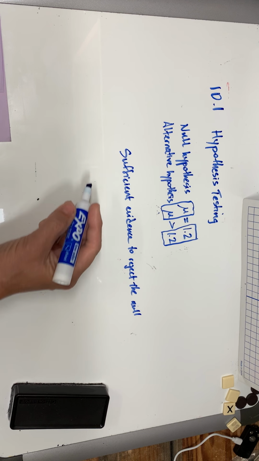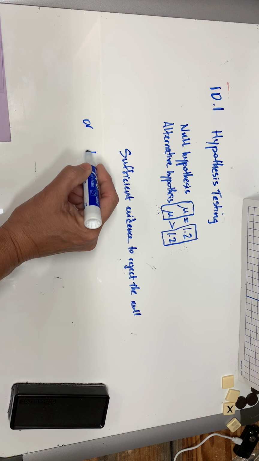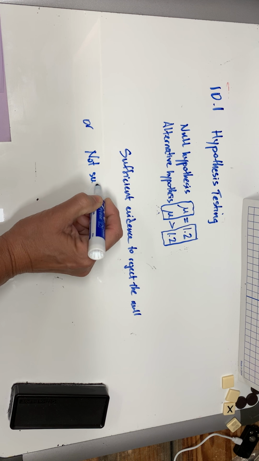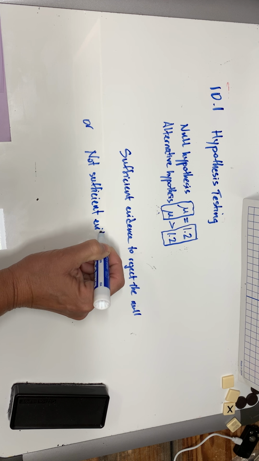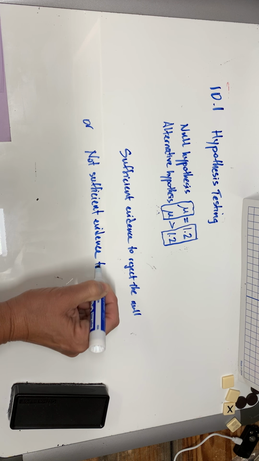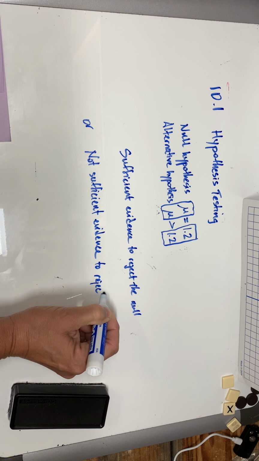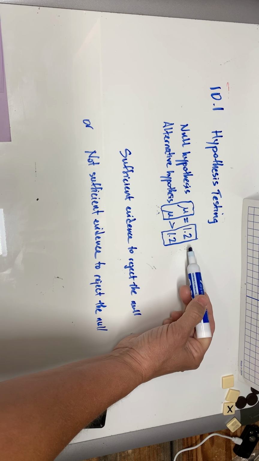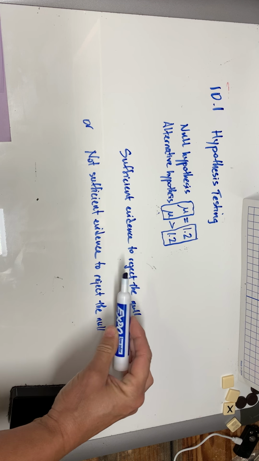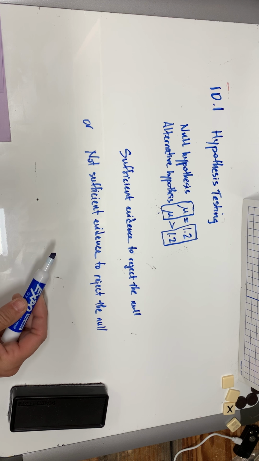Okay, or we would say there's not sufficient evidence to reject the null, which is essentially saying we're going to keep with the null. Okay, so these are the two ways that your results would be stated.